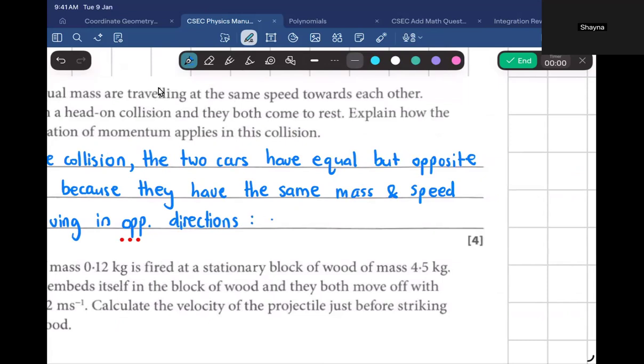Right? And to summarize this, you could say mv plus minus mv, and that'll be equal to zero.